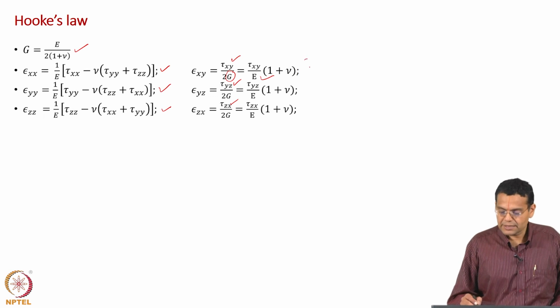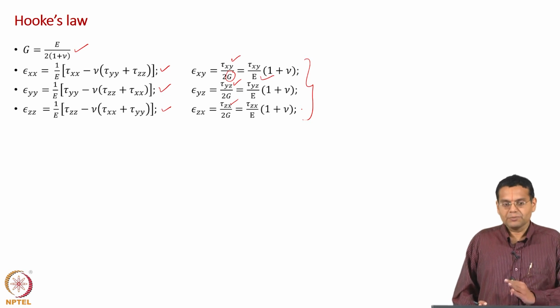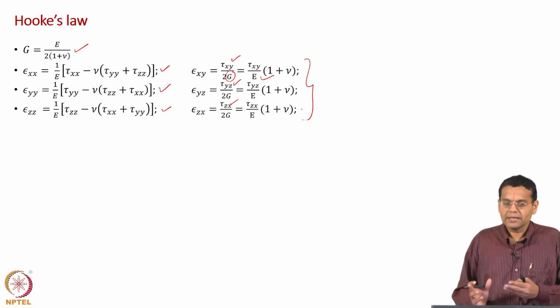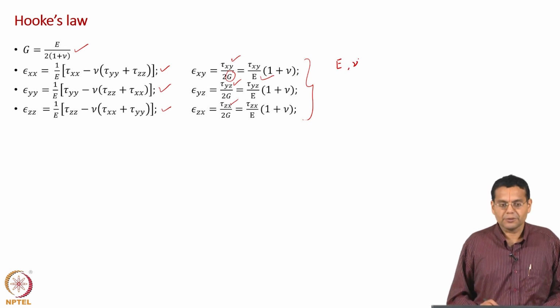So, these sets of equations have only two material properties, which are E and nu. It is for us to replace any one material property in terms of the other two. Here I have replaced G in terms of E and nu.